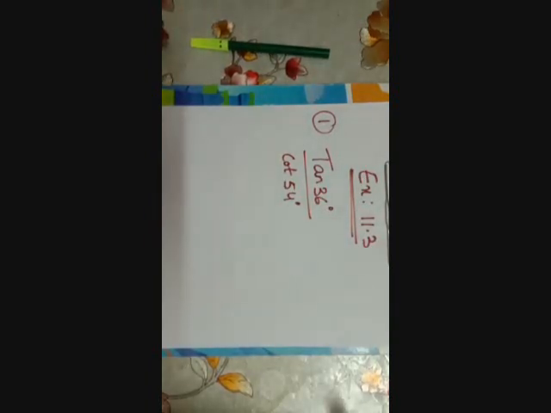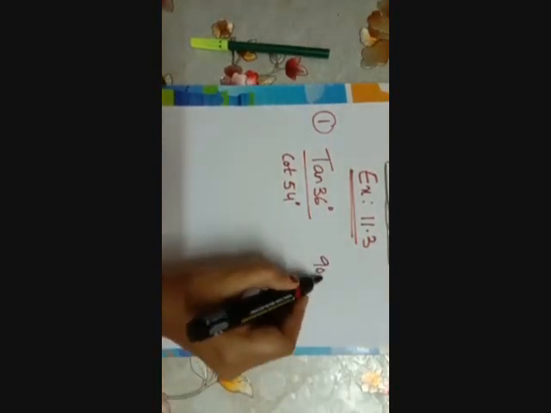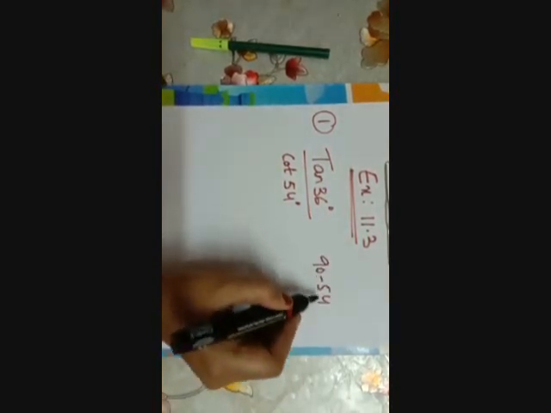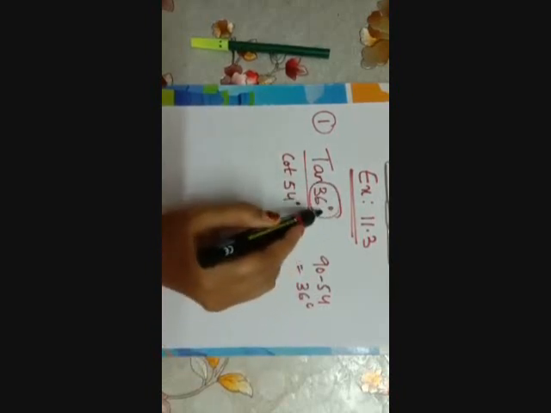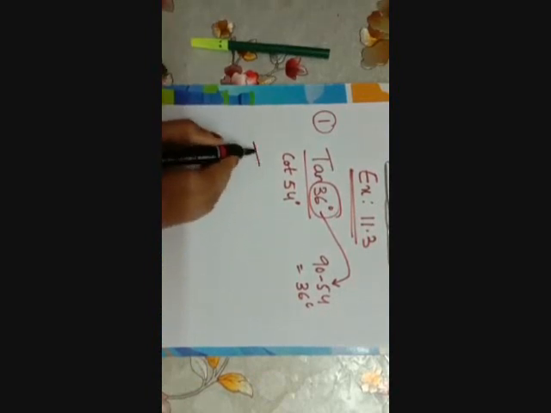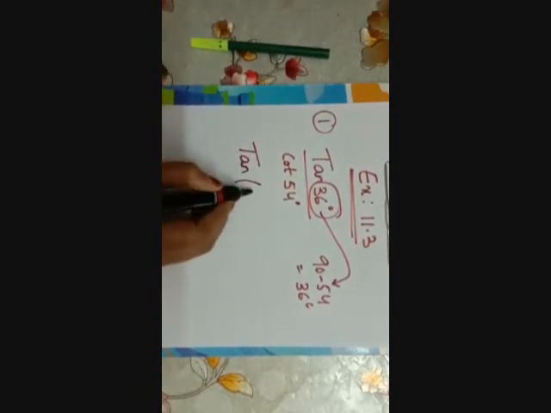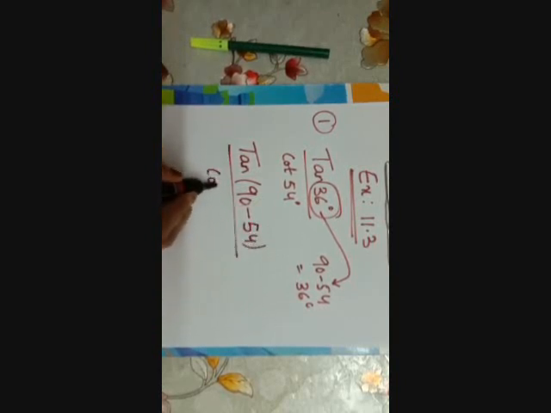I can write 36 as 90 minus 54. When we subtract this, I will be getting 36. So in the place of 36, I will write 90 minus 54. Tan of 90 minus 54 by cot 54.